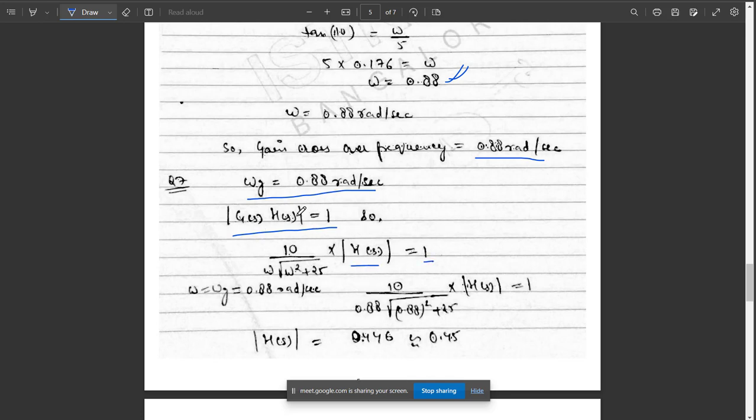And since it is given that the feedback has a gain which is not equal to 1 anymore, we'll find it for omega equals omega g, which is now 0.88 radian per second. We'll put the value here and we'll get the value of negative feedback, which is equal to 0.45. The gain for negative feedback is now equal to 0.545, right? It's a simple arithmetic equation from here.